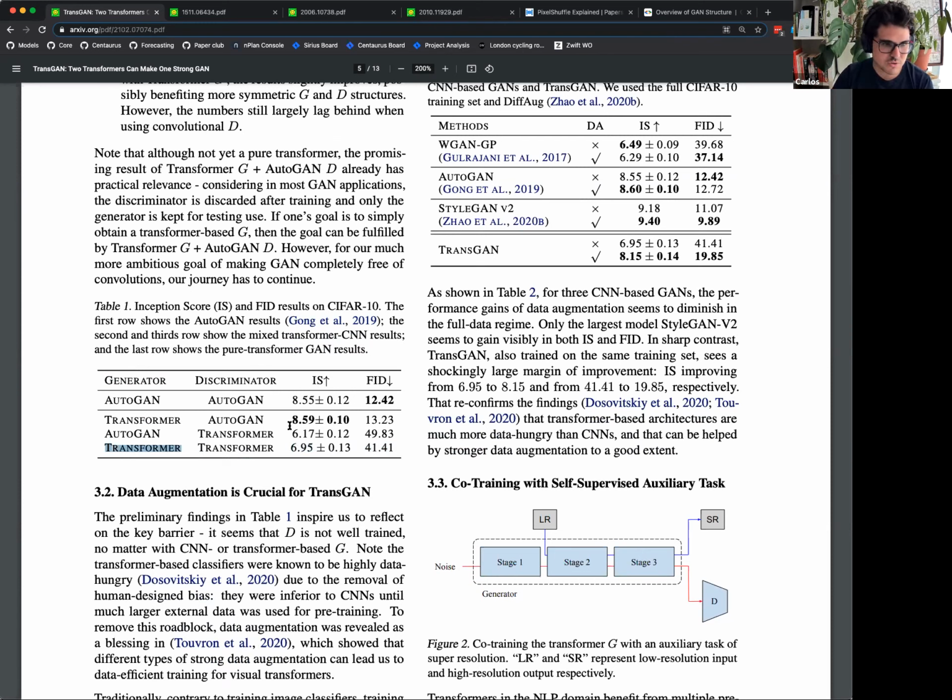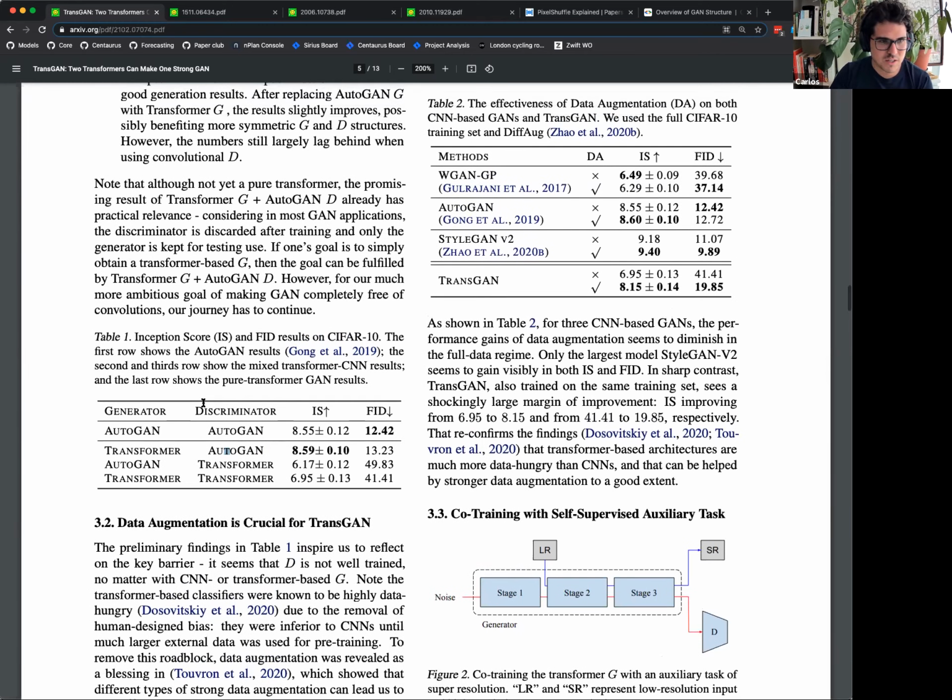But it's actually not true. What they found does best in inception score, but not very significantly, is to use the transformer for the generator and then AutoGAN for the discriminator. So AutoGAN is a convolutional based GAN. But then again, what they want is to do a pure transformer architecture, right?